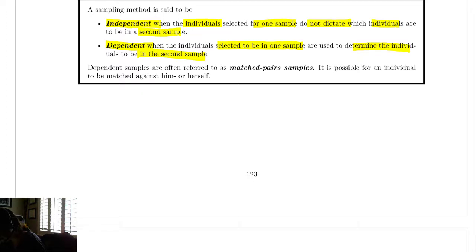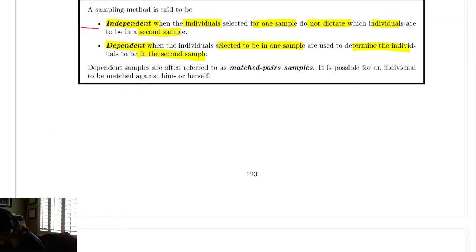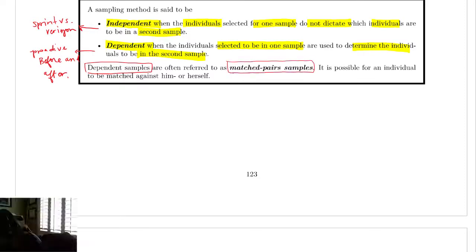So you can look at this as: the independent is Sprint, dependent is Proactive. And dependent sampling is usually called matched pairs, and that's going to be in our last section in this chapter. So it just usually means individuals are matched against him or herself.